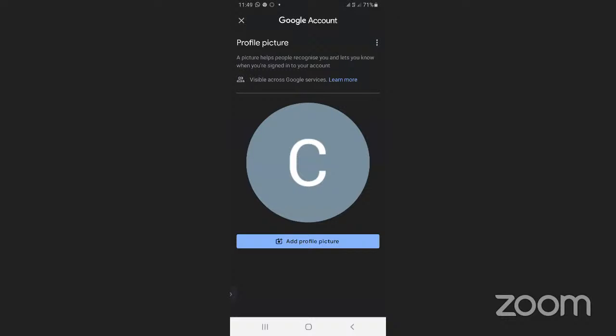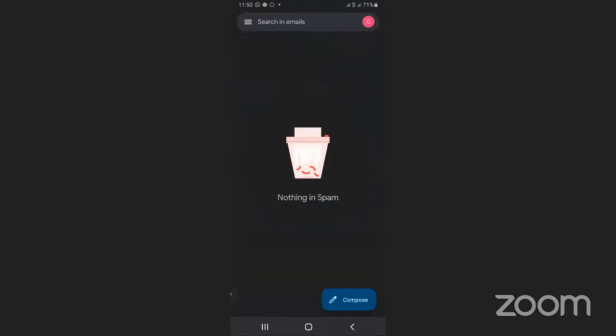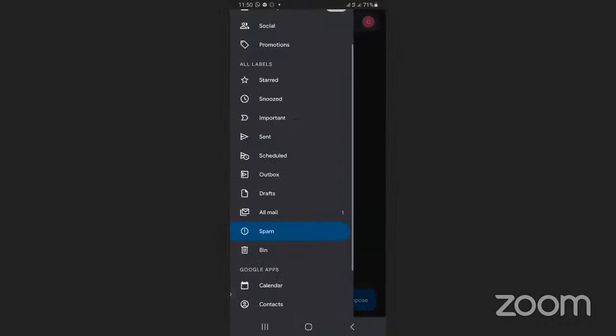Oh, it's still not opening. Now go back. Go back. Click on the back page. Now click on that 3 line. Click on that 3 line up there. Now go to all mail. Go. Sir?